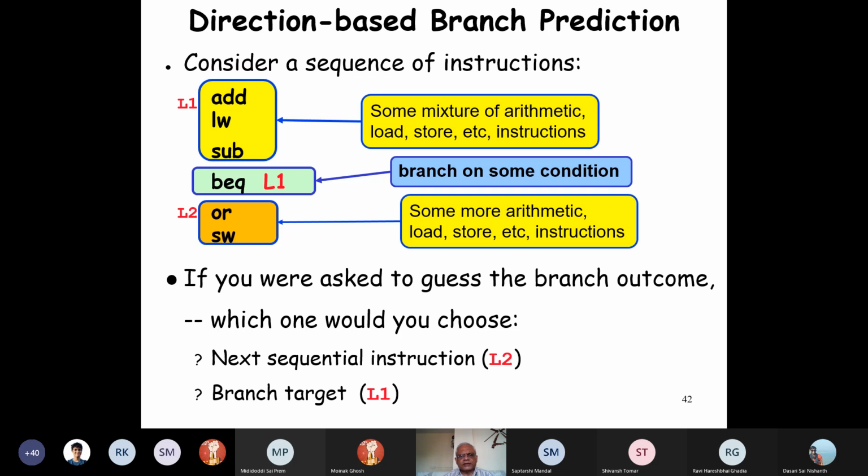L1 is here, so this is a backward branch. It's jumping to L1, which is backward, and this appears like a loop, and therefore we will mostly guess that the branch target instruction will get executed.